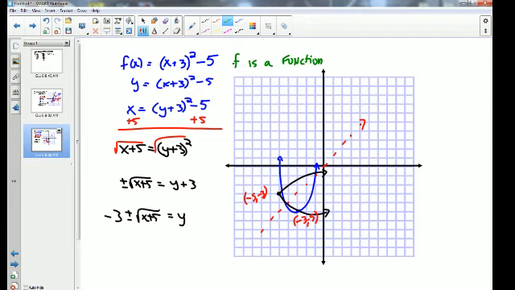Why not? It does not pass the vertical line test. Okay, so the inverse of f is not a function.